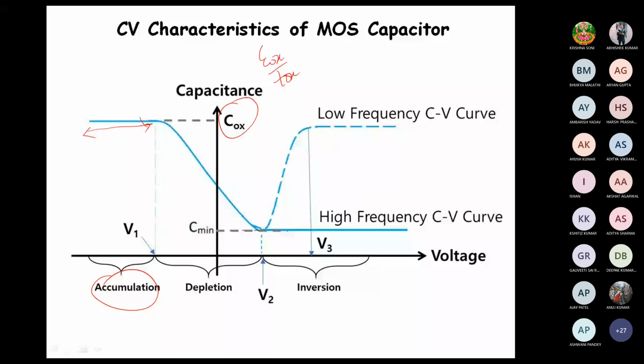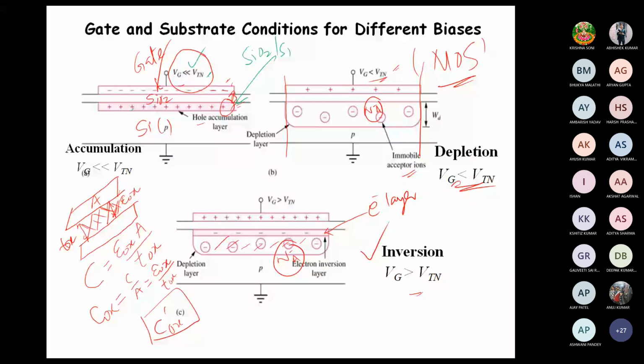Similarly, when we apply a gate voltage greater than threshold voltage, there is an inversion region, and the rate of change of the applied voltage matters. Let us see the action.